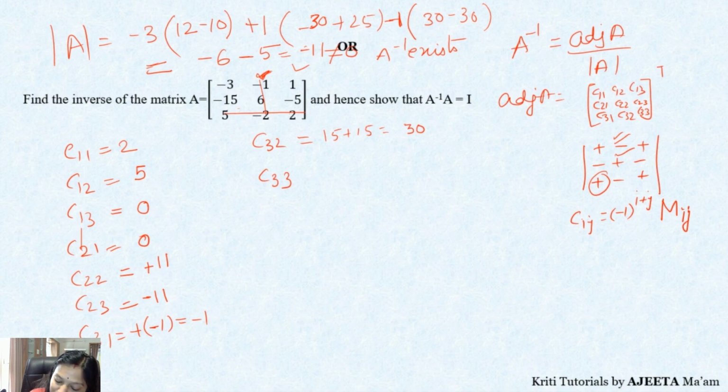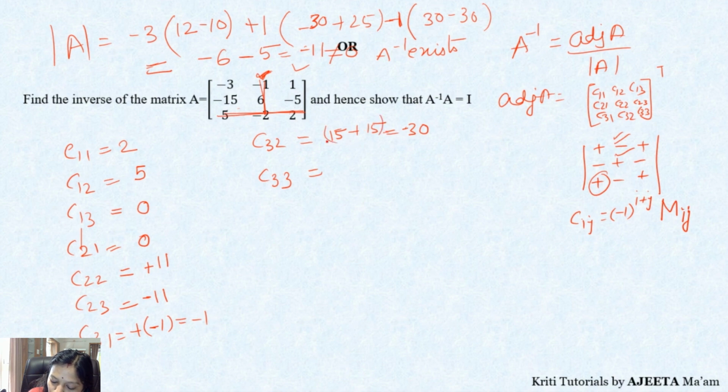So now what will be the next? C32. Oh, C32 we were finding, right? Leave the row and column in which it is there. So we get here 15 and then plus 15. Correct? So what do we get here? 30. Correct? And the sign will be negative. Correct?